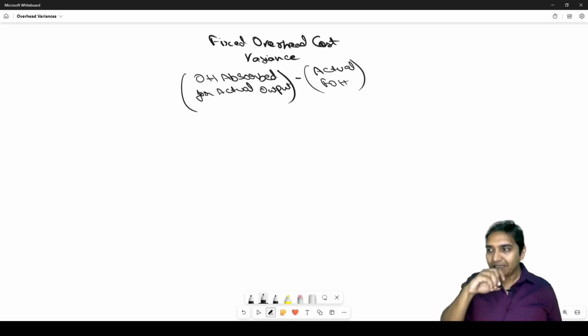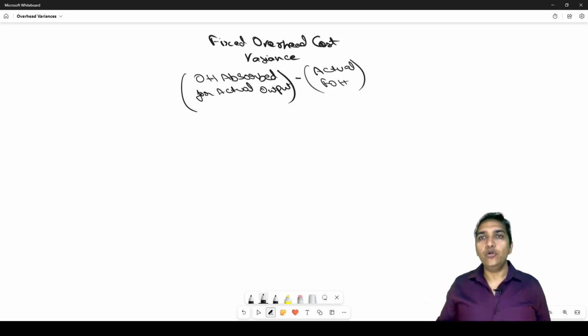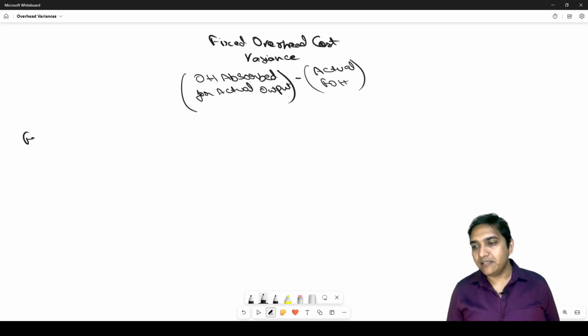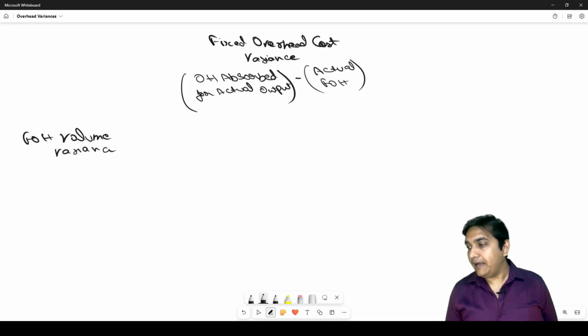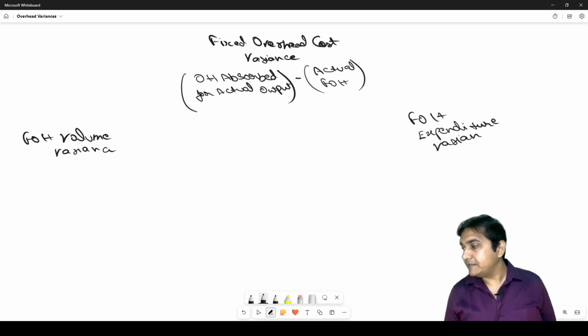So now fixed overheads are divided into two different variances, that is fixed overhead volume variance and fixed overhead expenditure variance.